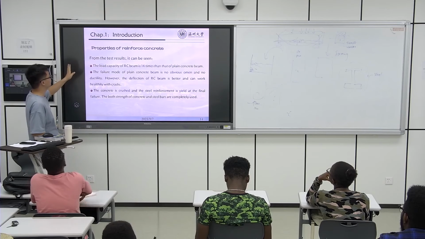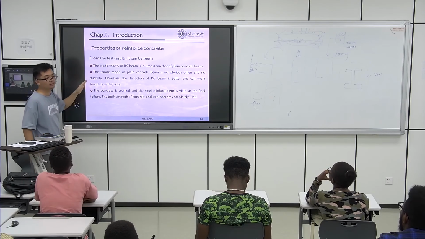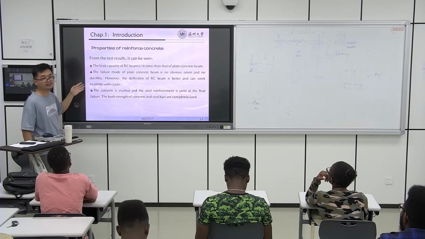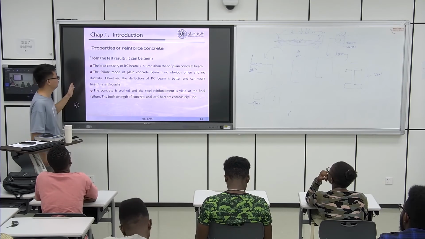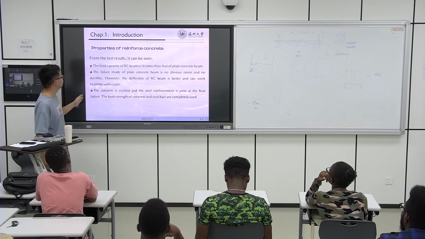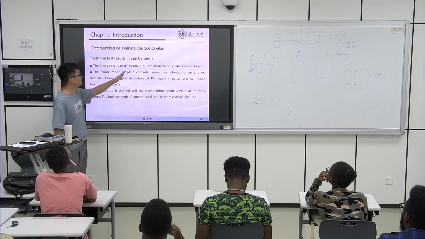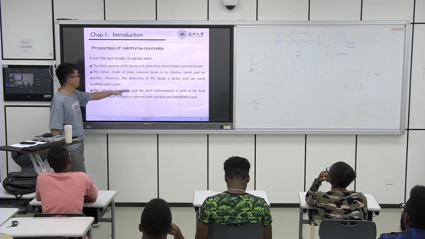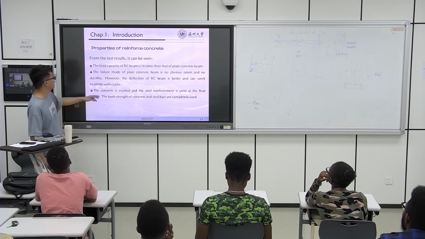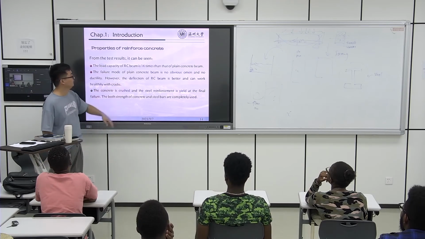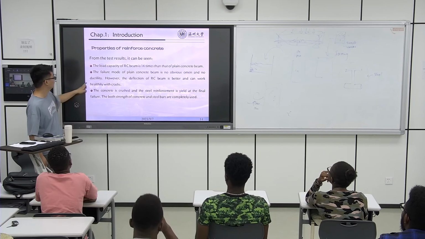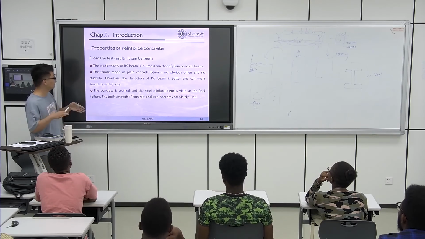And this is the result here, describing this test. We can realize that the load capacity is also 14 times higher than the plain concrete beam. There's no obvious buffer because it fails suddenly.